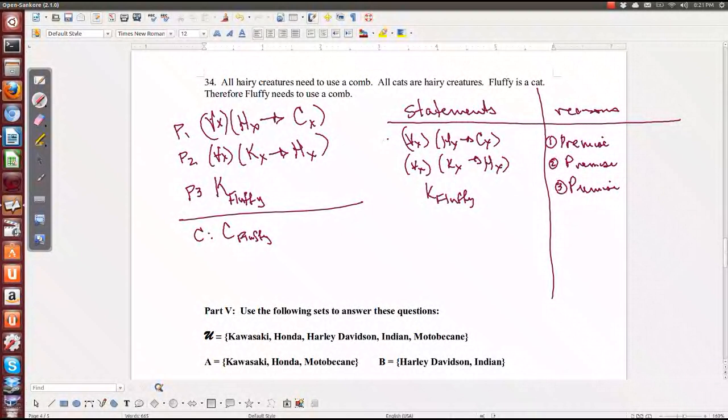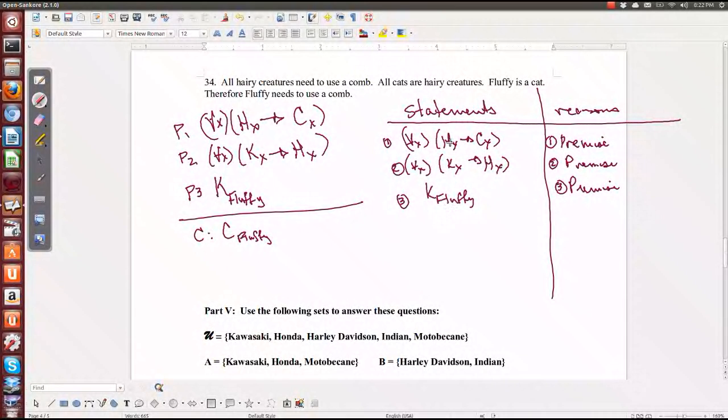And we notice that whenever we're dealing with a universal, what we need to do is change it to a particular subject, not some generic, undefined variable subject, but we want to talk about Fluffy.